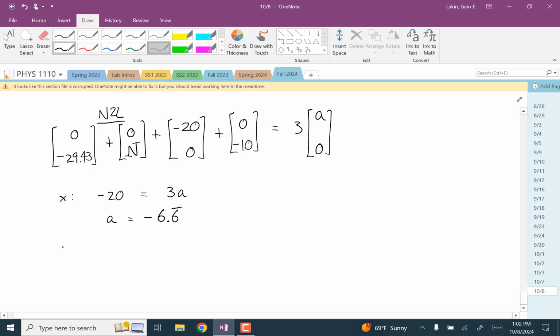And the y equation says negative 29.43 plus n minus 10 is equal to 3 times 0. And so n is equal to positive 39.43.